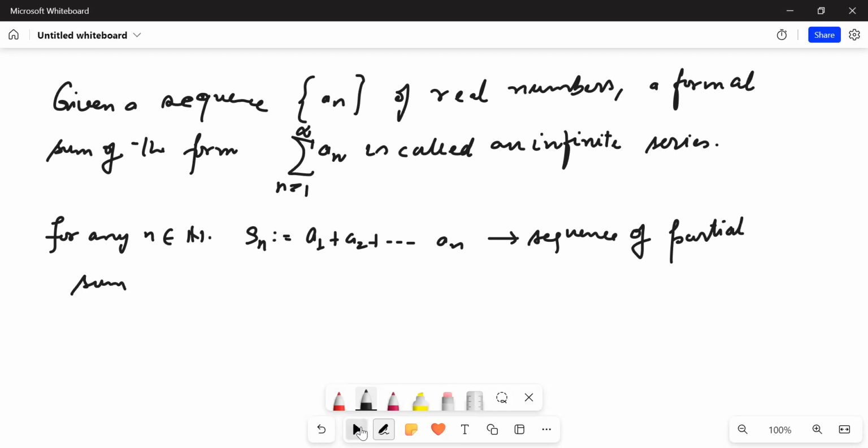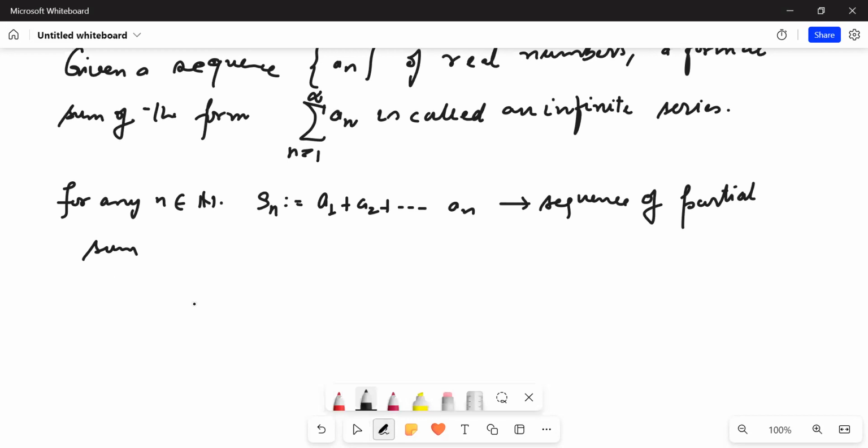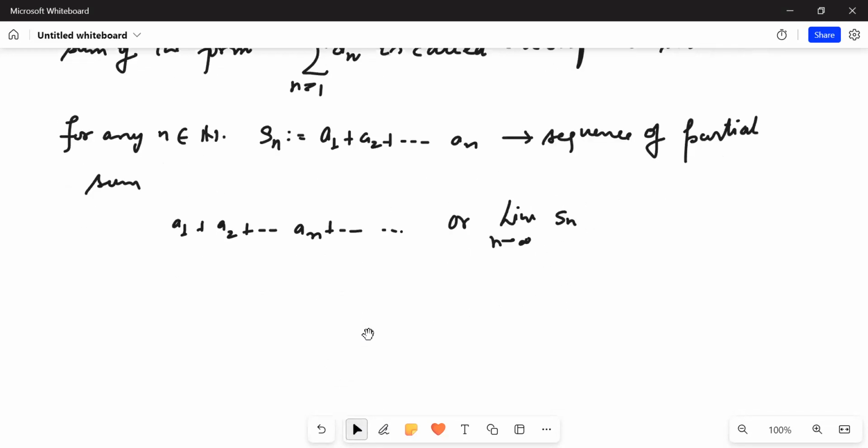So basically, if you have an infinite series, summation n equals 1 to infinity an, it will go on, or you can write it as limit n tends to infinity Sn. And what is Sn? Sn is the sequence of partial sums.